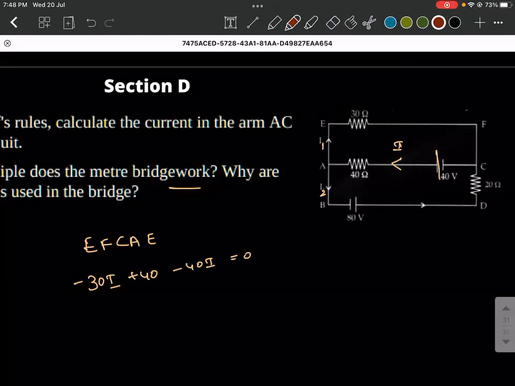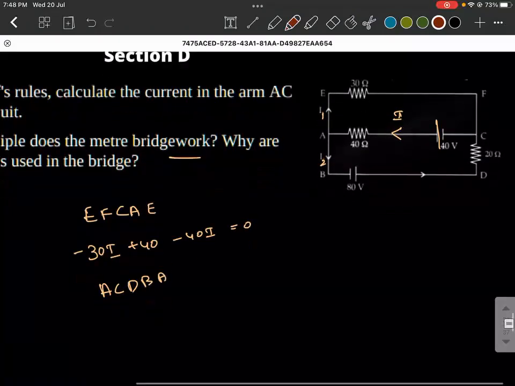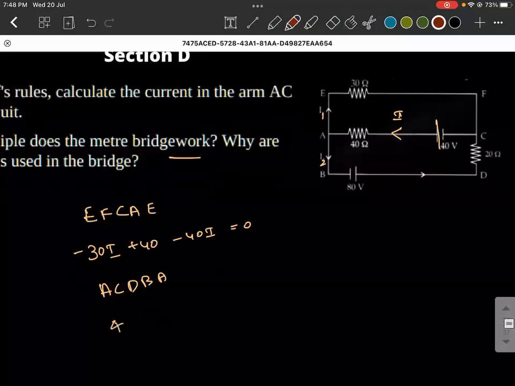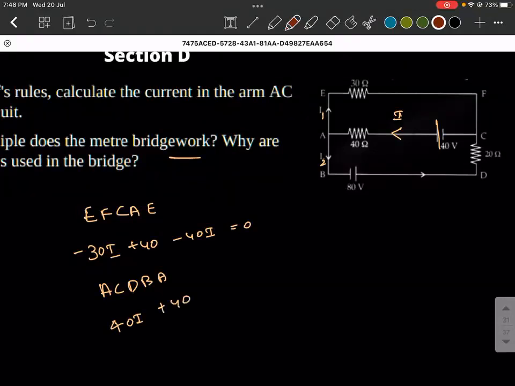Correct? Similarly, if you take the loop ACDBA, when you're going from A to C, 40I plus 40.